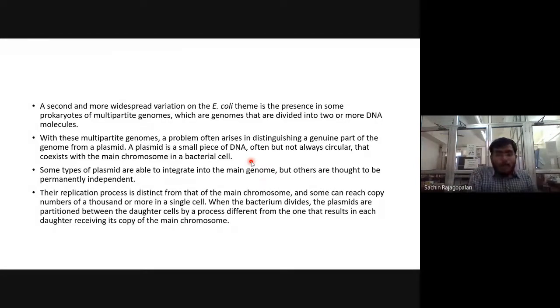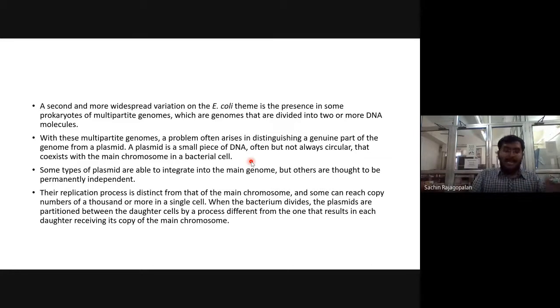Okay, so when the genome is divided into 2 or more DNA molecules, we call it a multipartite genome. Okay, now people often confuse this with plasmids, कि प्लाज्मिड जिनमें है उनको हम मल्टीपार्टाइट बोल सकते हैं क्या? नहीं. प्लाज्मिड को आइडेंटिफाई करने के लिए स्पेसिफिक जीन सीक्वेंसेस है.